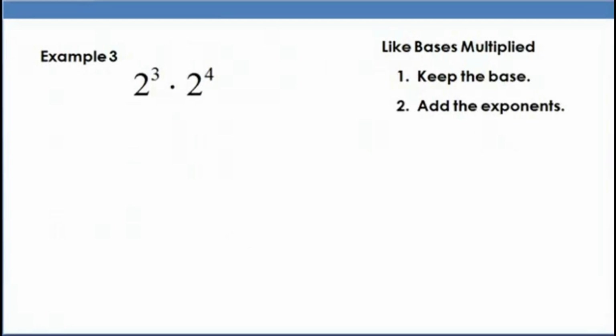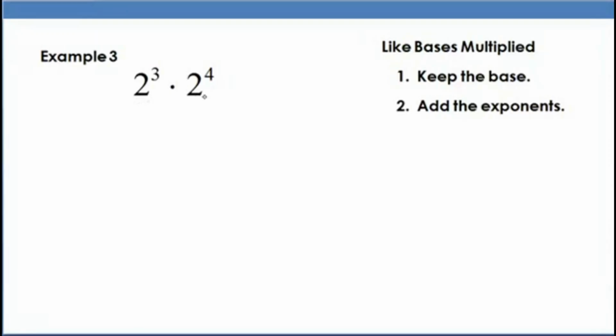Let's look at another example. 2 to the 3rd times 2 to the 4th. A long time ago, we learned to do this problem with order of operations. And so we would do the exponents first, and then we would do a multiplication. But it is set up so that we could use exponent rules because we have the right situation.